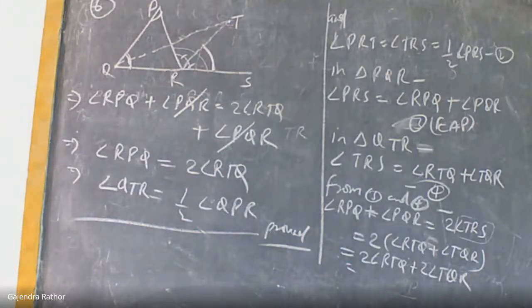This is one big question of this exercise. Along with this question, we also completed the exercise, as well as the chapter, Lines and Angles. I hope all of you understood this question, this exercise and this chapter.